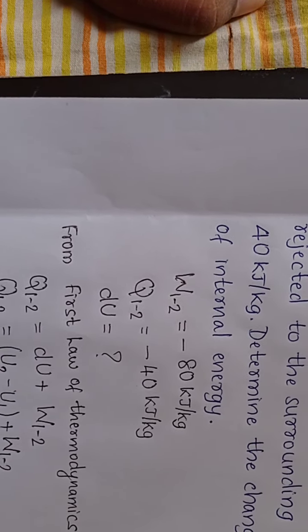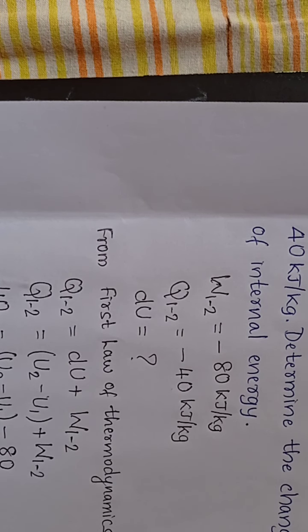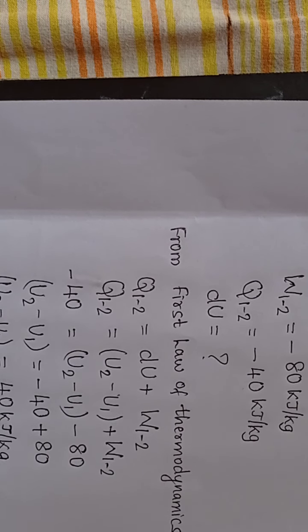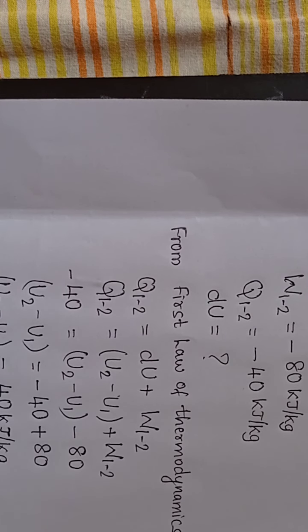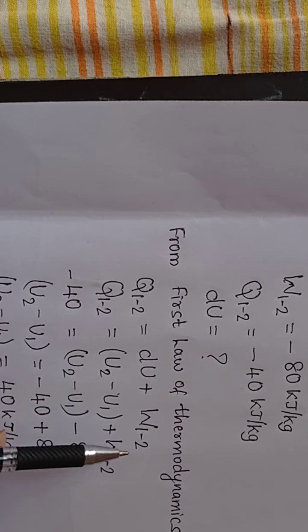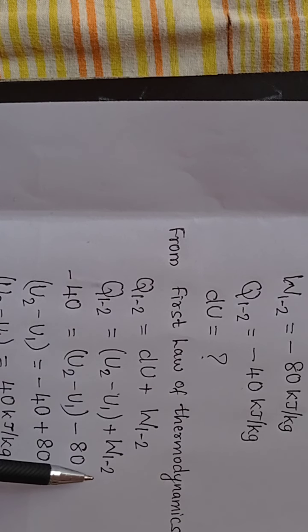So you have to find the value of delta U, that is, delta U is U2 minus U1. We know the equation from the first law of thermodynamics: Q12 is equal to dU plus W12. That is, Q12 will be equal to U2 minus U1 plus W12.